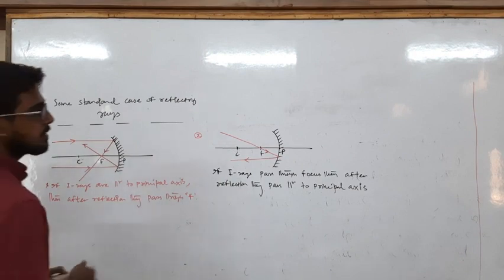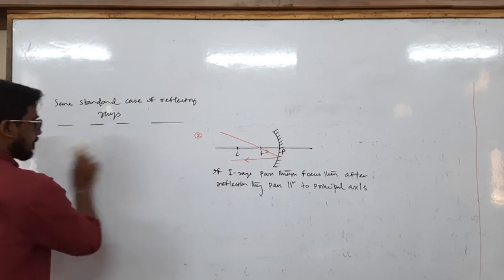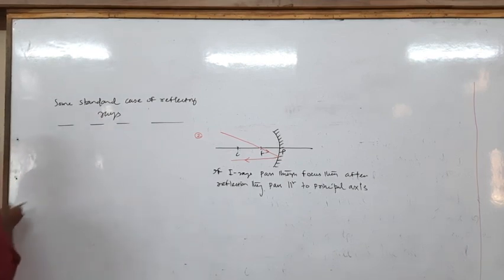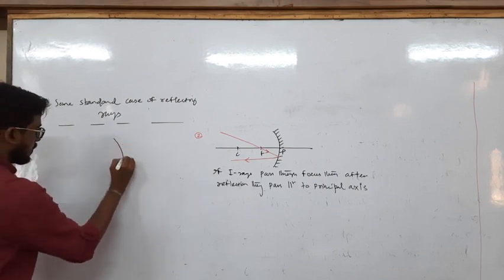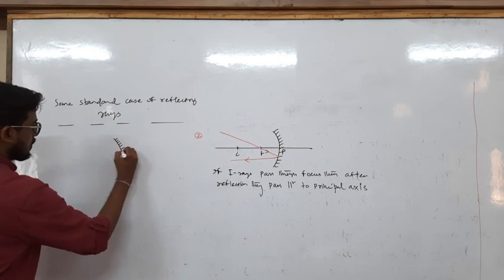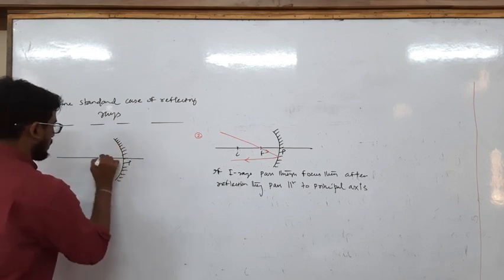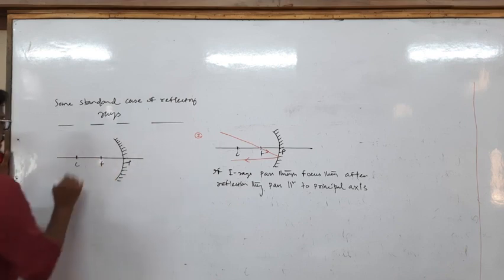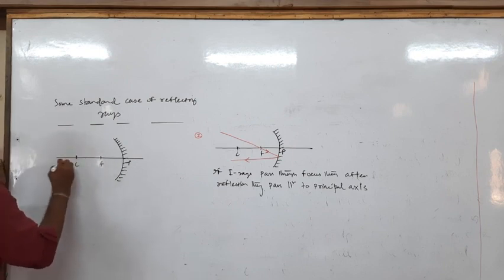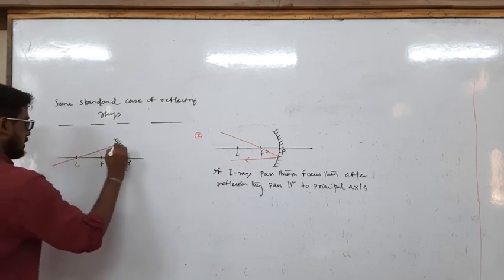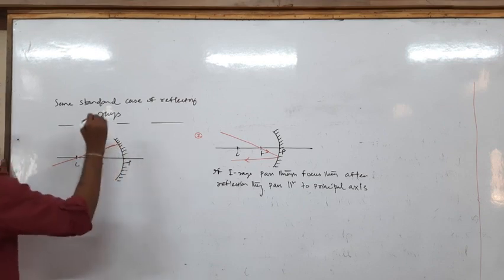Next case. If the incident ray passes through the center of curvature, like this, then after reflection it will retrace its path.